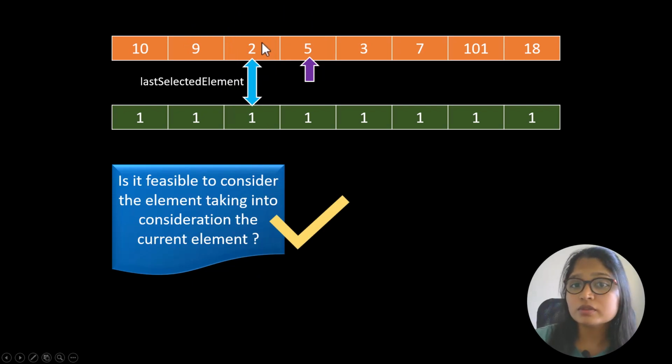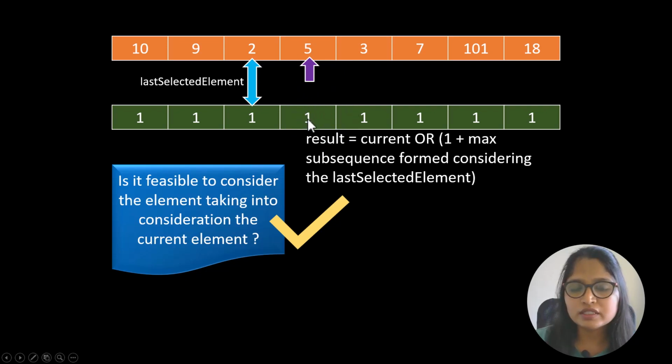Now this is possible because 2 is smaller than 5, and if I am considering this 5 to be a part of the subsequence, this 2 can also be a part of this subsequence. So any subsequence that was formed with 2 being the last element would be a part of the subsequence with 5 as well. So what is going to be the result over here?